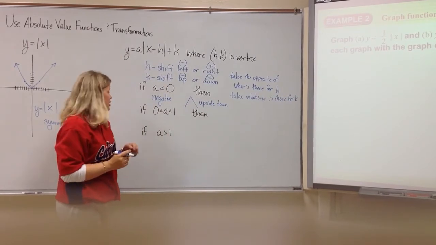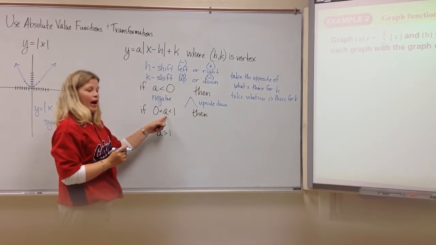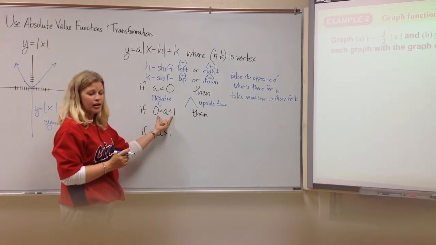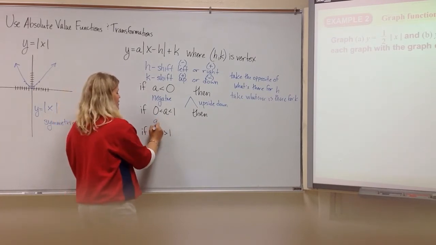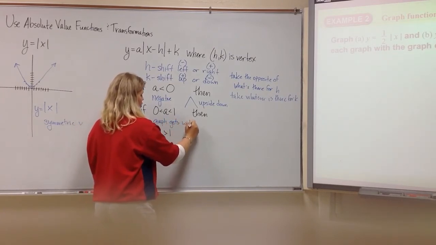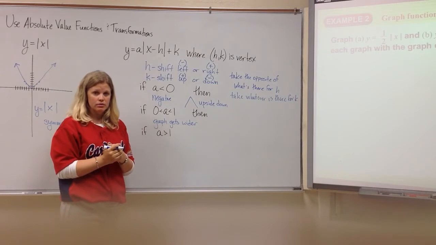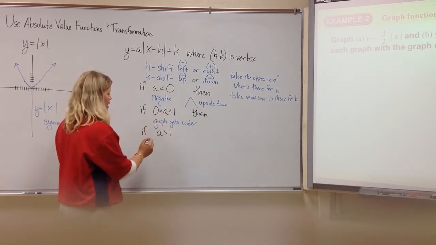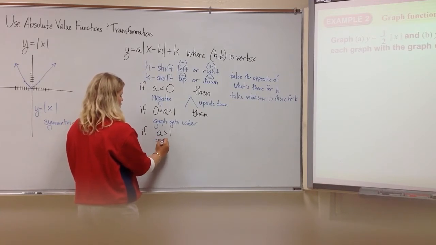The other thing we need to watch is if it's a fraction, like 1/2 or 1/3, something between 0 and 1, then the graph itself gets wider, okay? If it's a big number, then it's going to get skinnier.